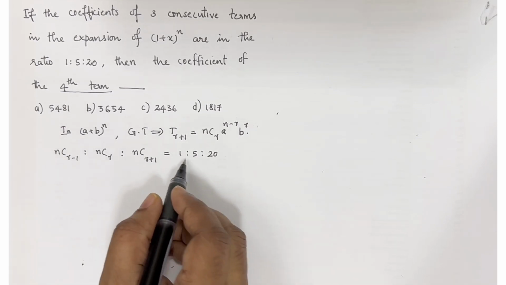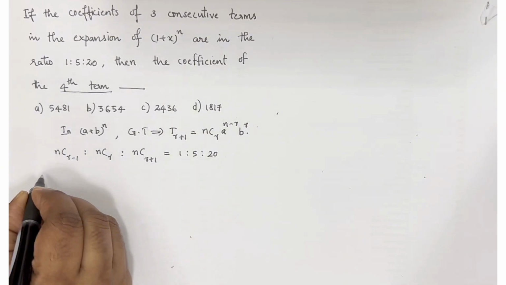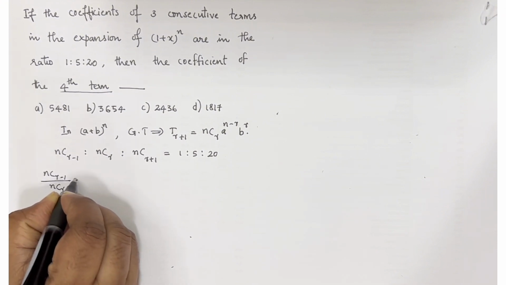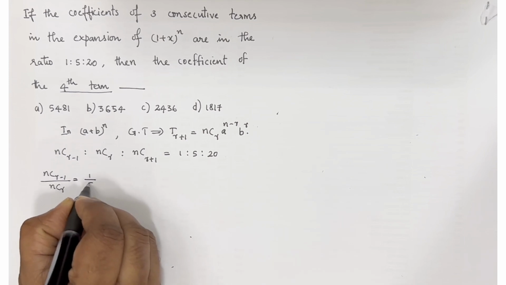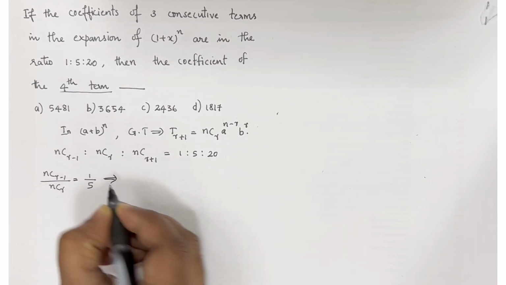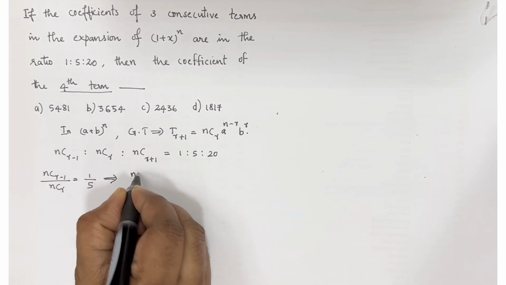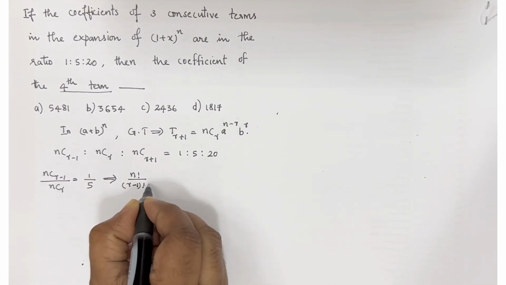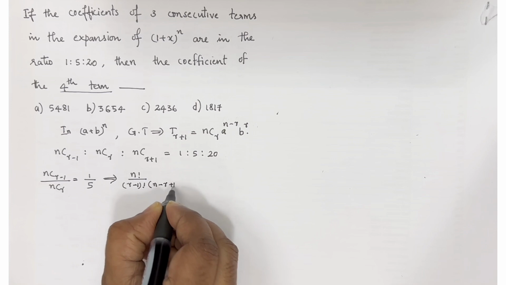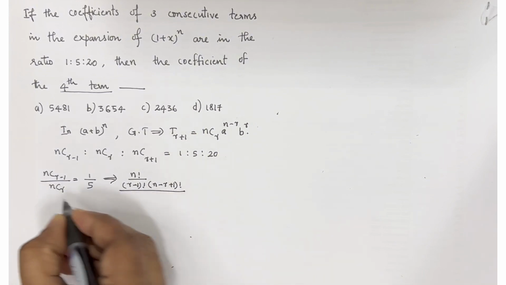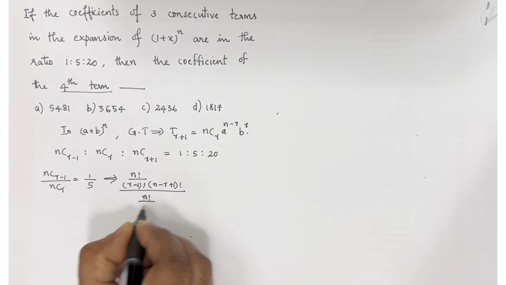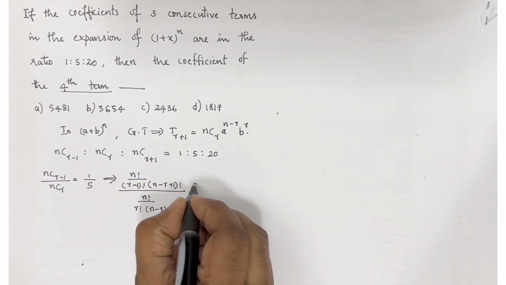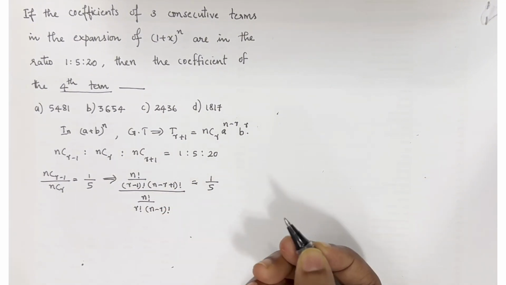So first take the first two, nC(r-1) and nCr. That is nC(r-1) divided by nCr is equal to 1 divided by 5. nC(r-1) can be written as n factorial by (r-1) factorial into (n-r+1) factorial, whole divided by nCr, which is n factorial by r factorial into (n-r) factorial, equal to 1 by 5.